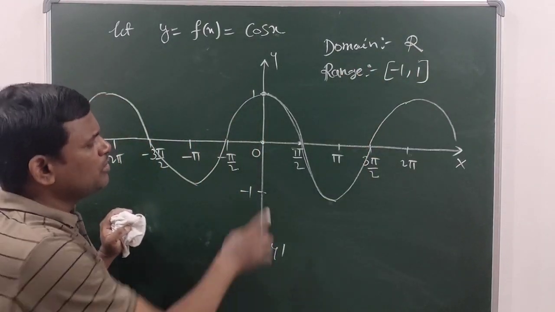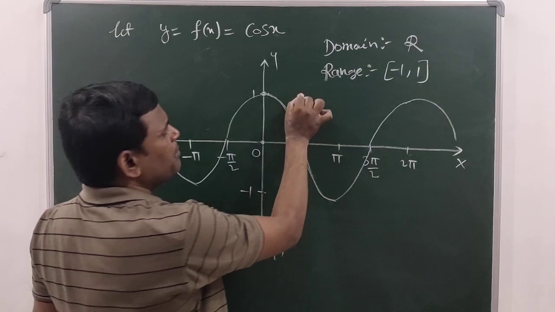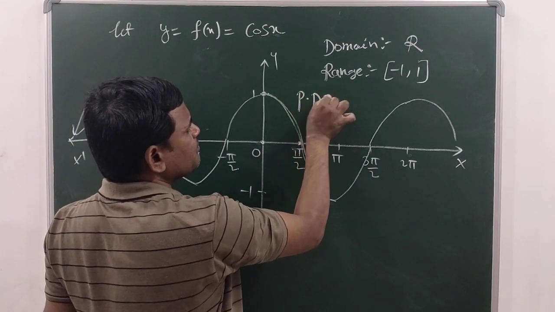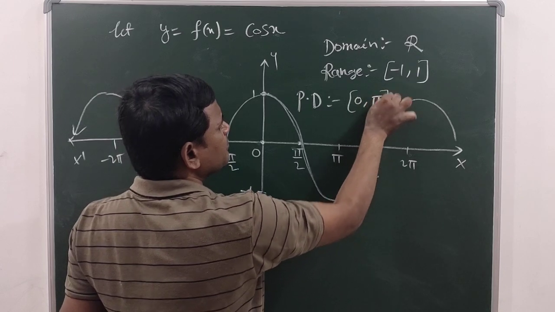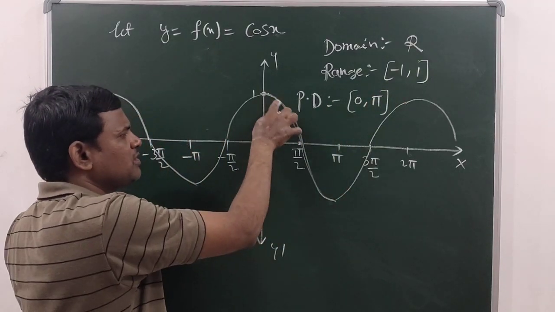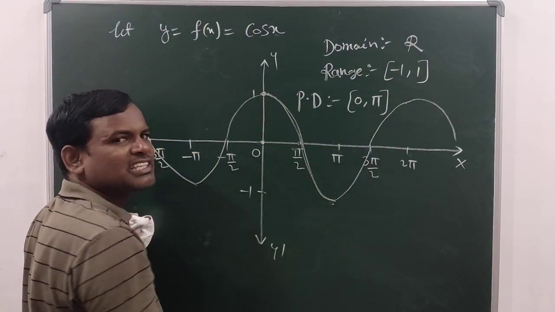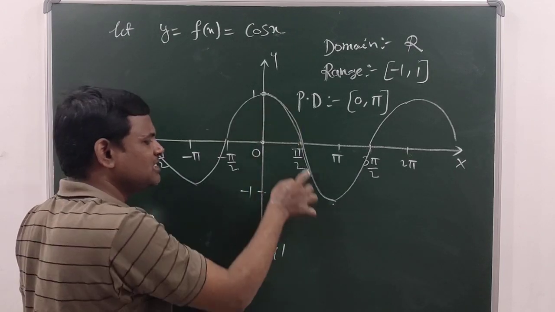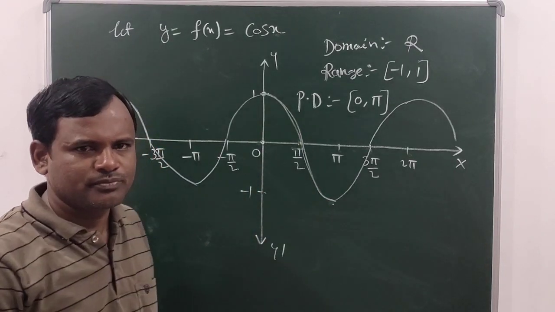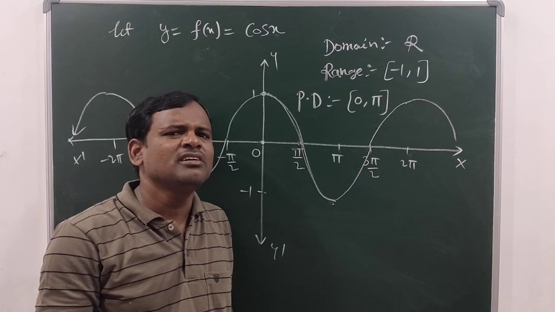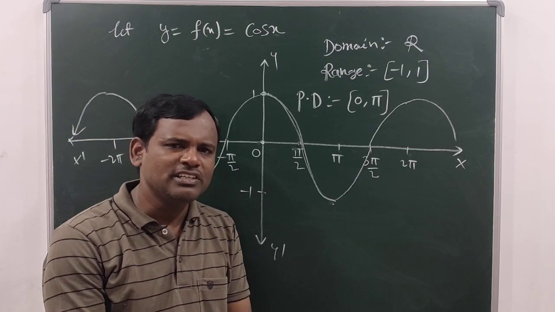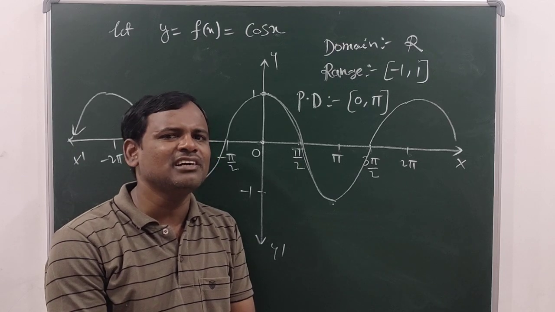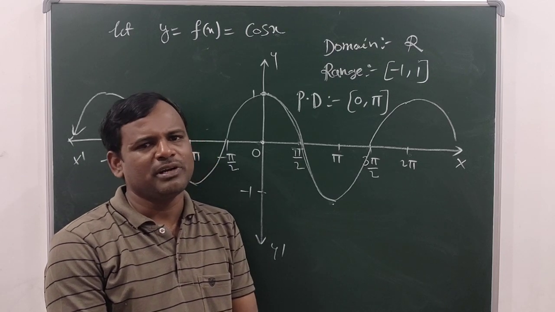Okay, now 0 to pi is the principal domain. What is the principal domain? 0 to pi, because in it the graph of cos x is strictly decreasing, hence it is bijective. Bijective means the inverse of that function is possible. That function is invertible in its principal domain.